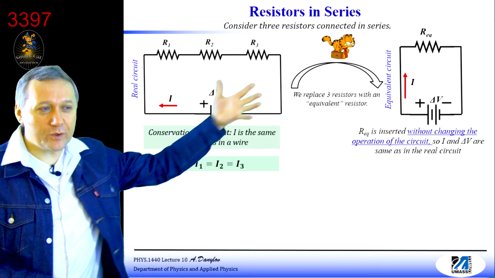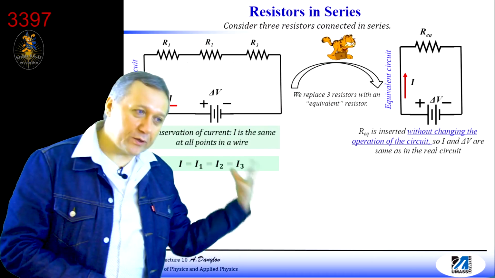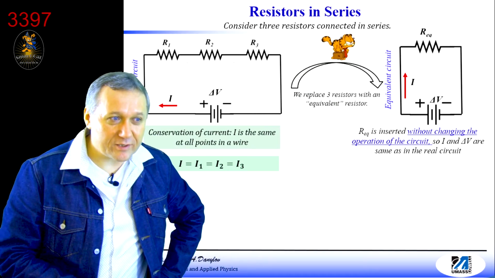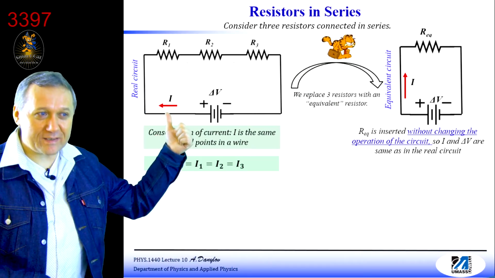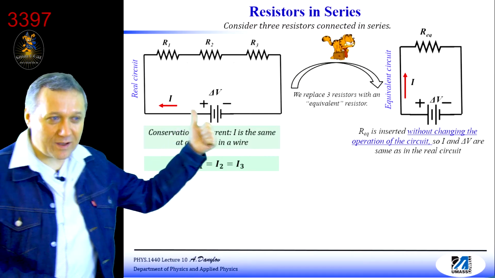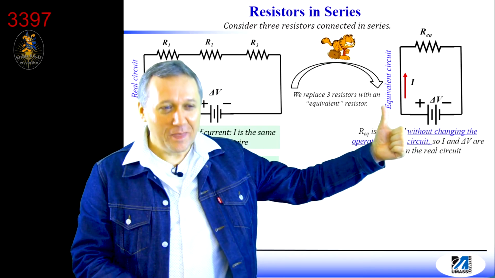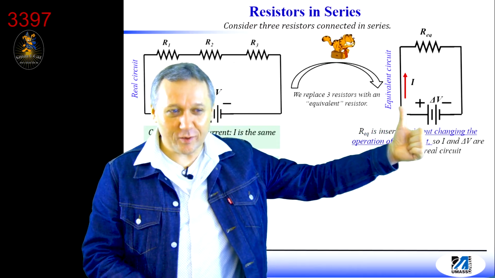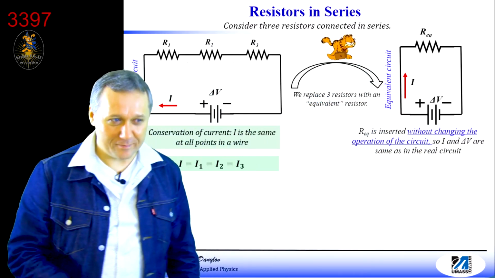Now again, we want to bring into this line information about the current through the equivalent resistor. And the connection is very simple because again, the rest of the circuit works in exactly the same way. So it means that this current I is equal to this current. And of course, in this equivalent circuit, this current I flows through the equivalent resistor, right?